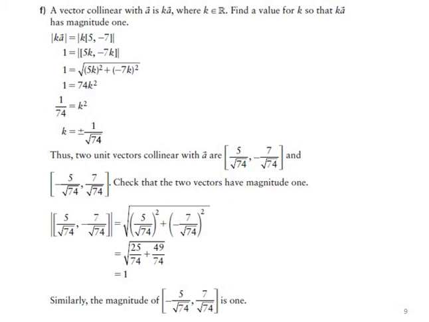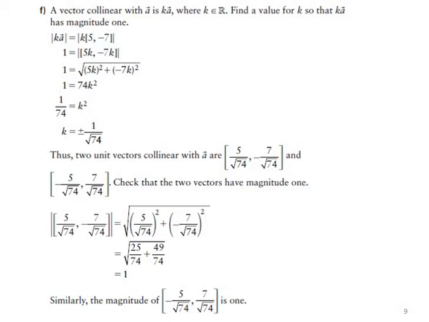So (5k, -7k) has to give us a magnitude of 1. So (5k) squared plus (-7k) squared, which will be 25 plus 49, that will be 74k squared equals 1. So k squared is going to be 1 over 74. So k will be plus or minus 1 over square root of 74.